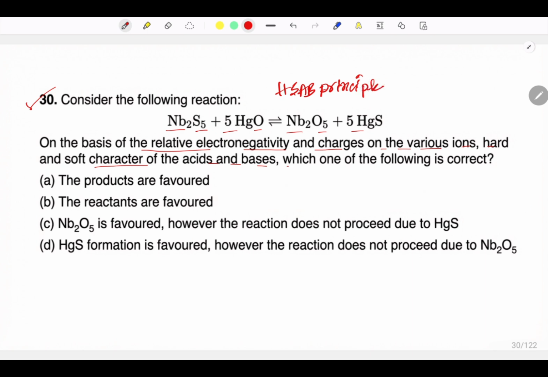In this problem, silver is soft, oxygen is hard, sulfur is soft, and niobium is a little bit hard. So this is a soft-soft combination, and here a hard-hard combination. So the product will be favored, and the correct answer will be A.